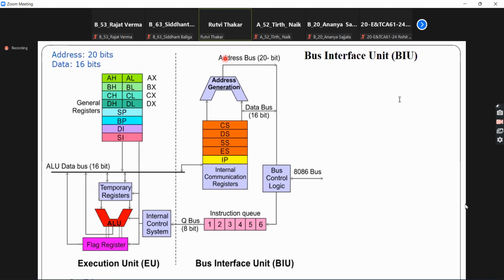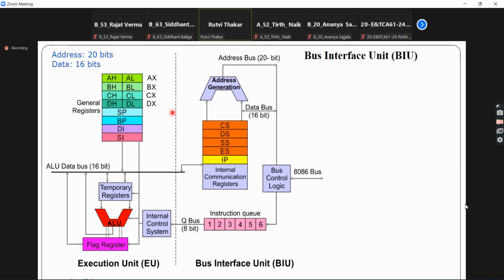So all these registers which are there are of size 16 bits. But I'll also say that I have only 4 registers which are of 16 bits. You can see AX, BX, CX, and DX. These registers are of 16 bits.